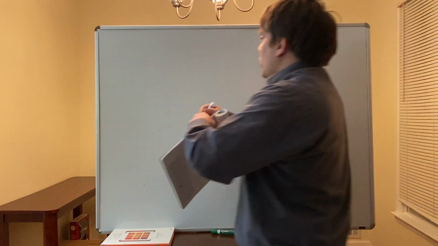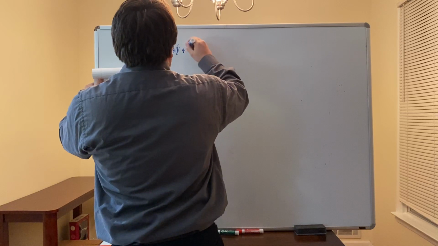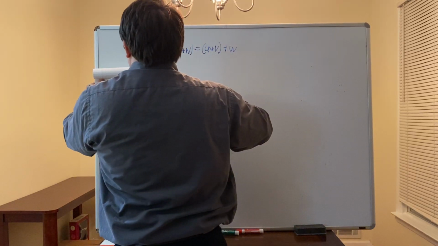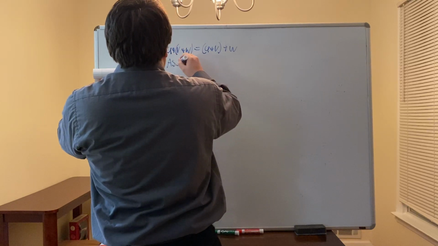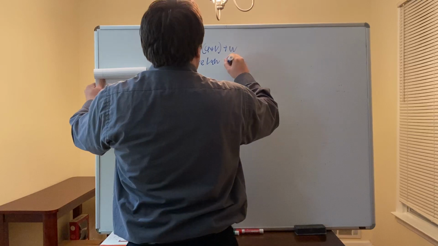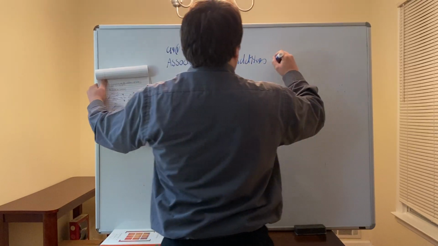So there's also this equation that holds: (u + v) + w is equal to u + (v + w). This is called the associative law for the addition of vectors.